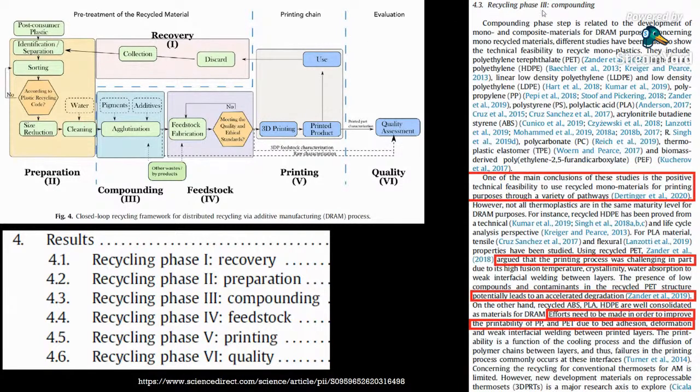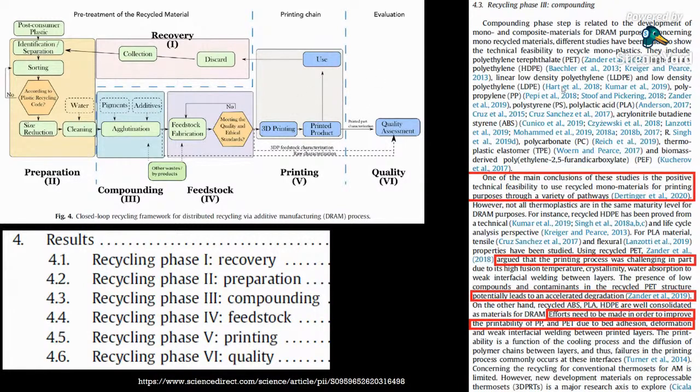Here is an example of phase 3, which is compounding, which is this part here, about pigments, additives, and something. And this is the write-up for this section. So compounding phase step is related to the development of mono and composite materials. So the first line introduces the concept or the component of the framework.